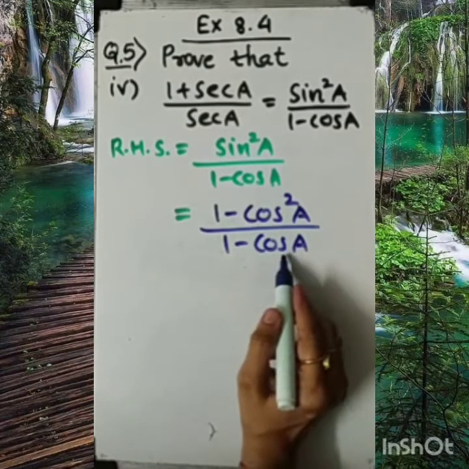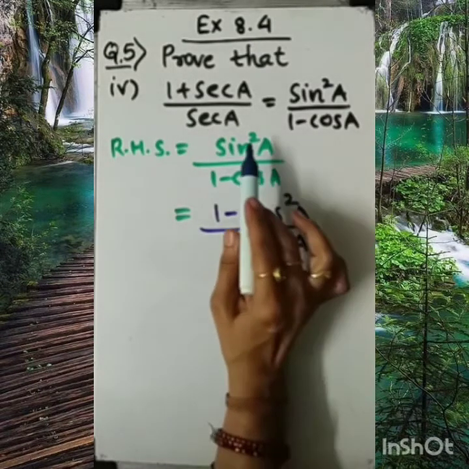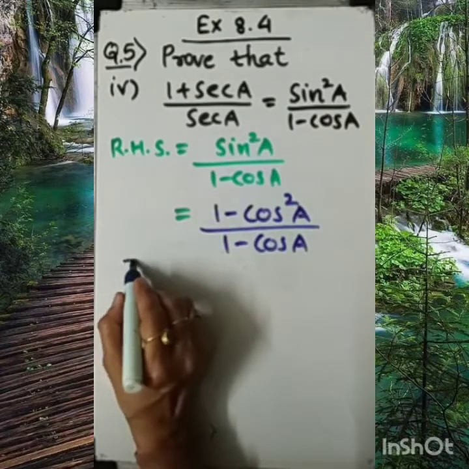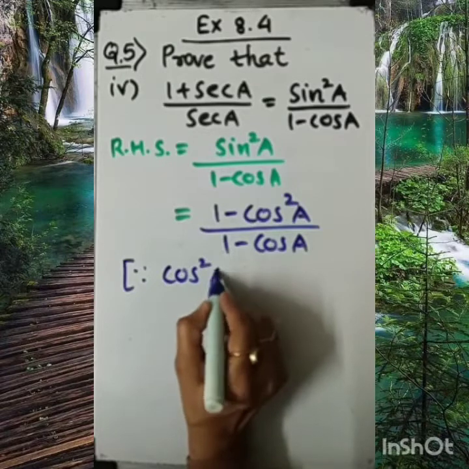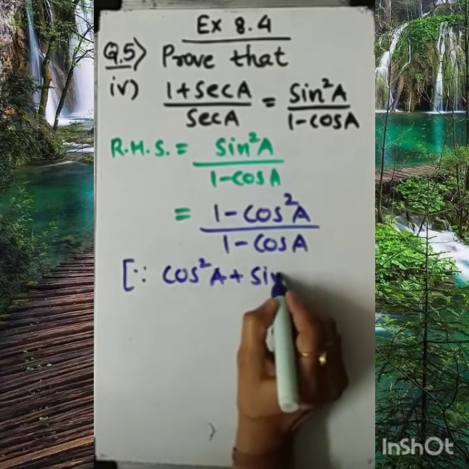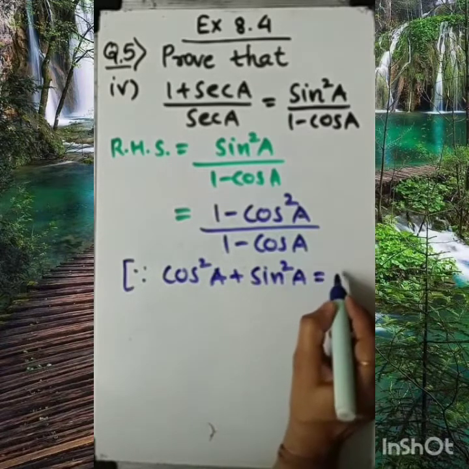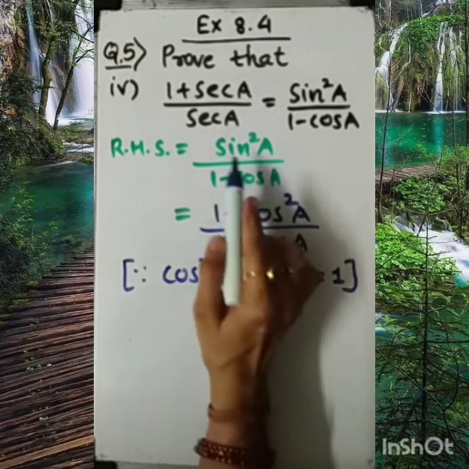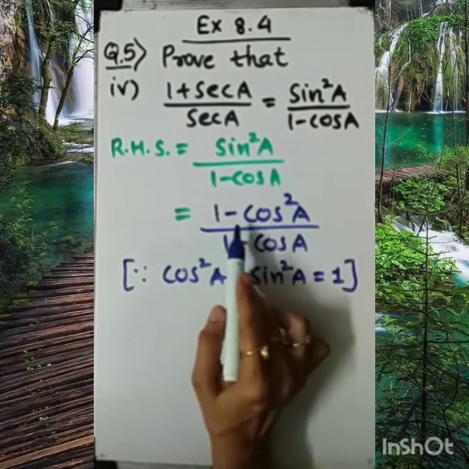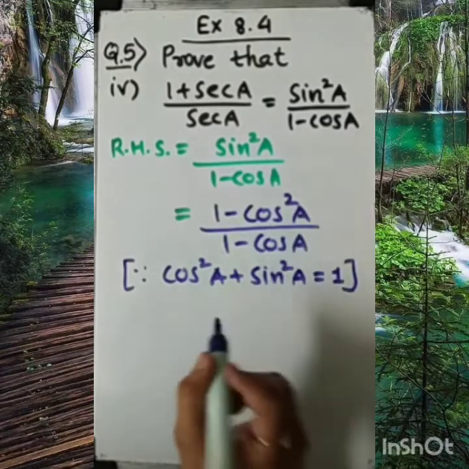Be careful while writing. As we know the identity, from where I got this result, I know the identity cos square A plus sine square A is equal to 1. Using the first identity, I got this result for sine square A, that is 1 minus cos square A.